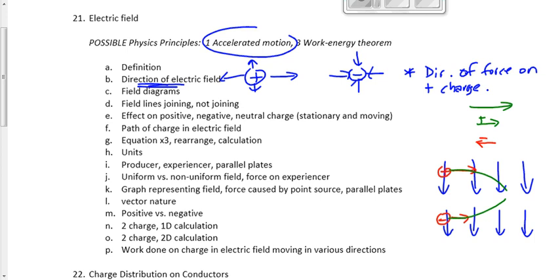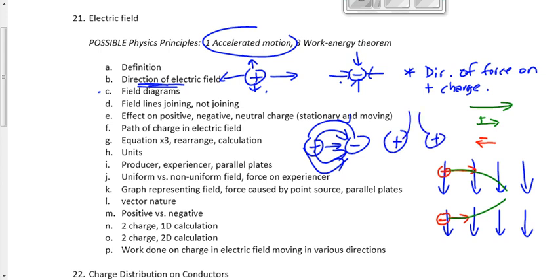Okay, be aware of the field diagrams. The field surrounding positives and negatives, the field surrounding charges when they're nearby each other. The field surrounding like charges, right? They don't join up like this, right?